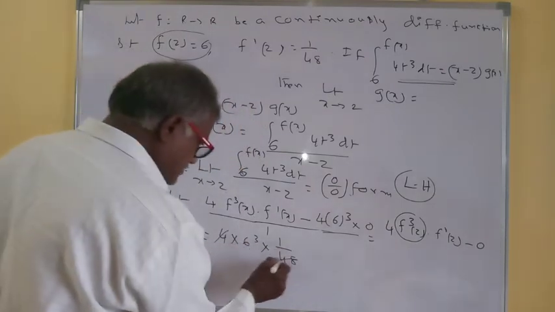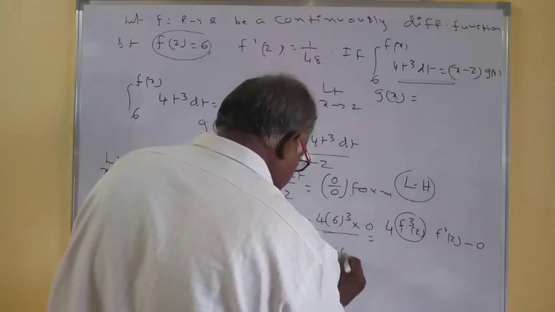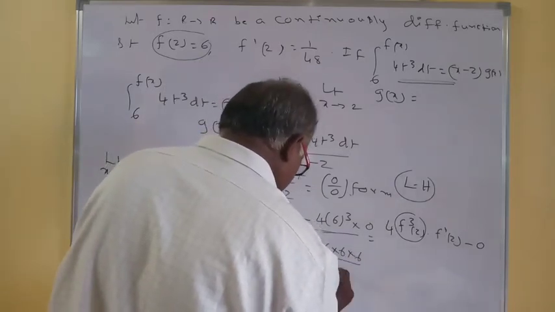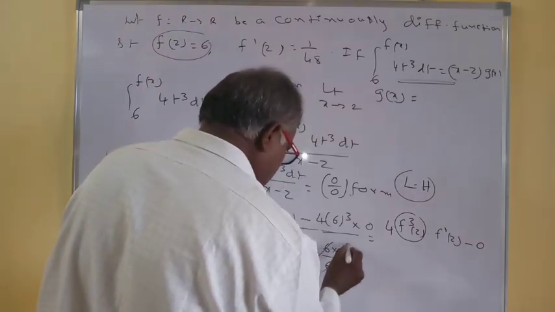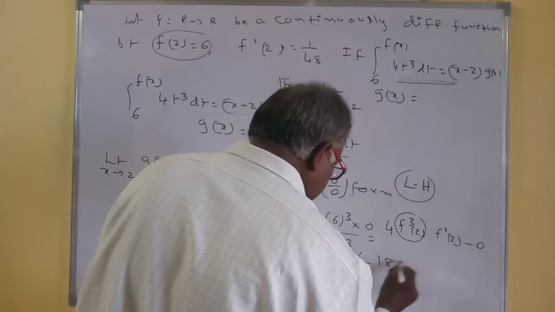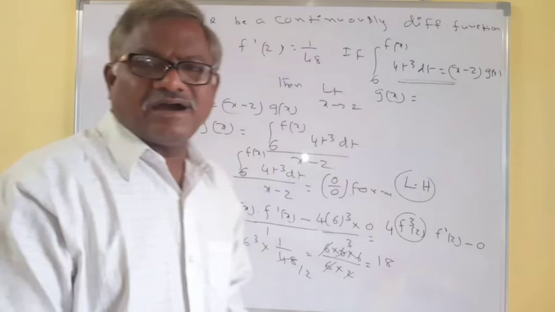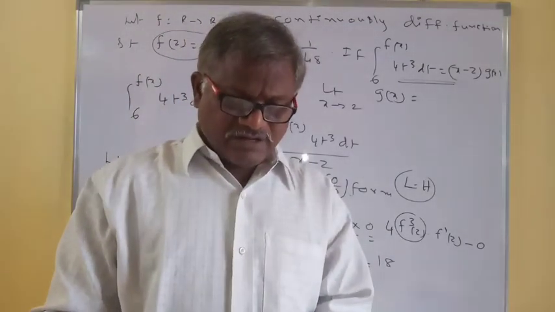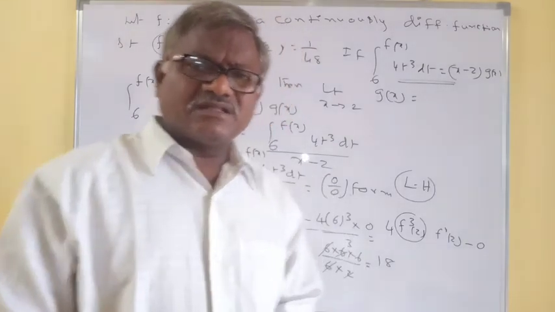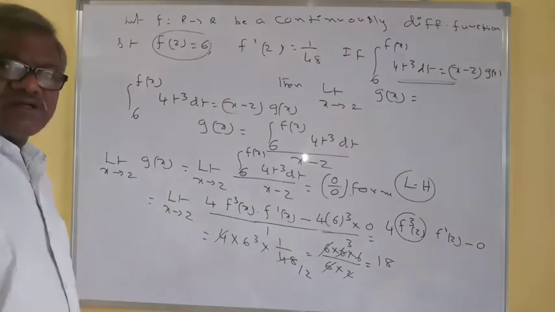Four ones are 4, 12 times 4 is 48, so this simplifies: 6 into 6 by 6 into 2, which cancels to 18. So 18 is the right option. The options given are 18, 14, 12, 36.